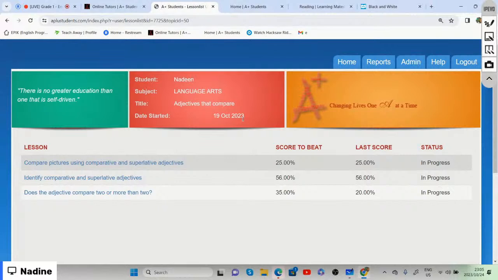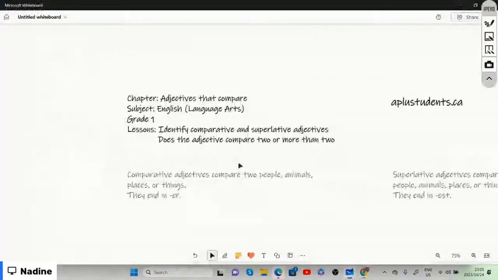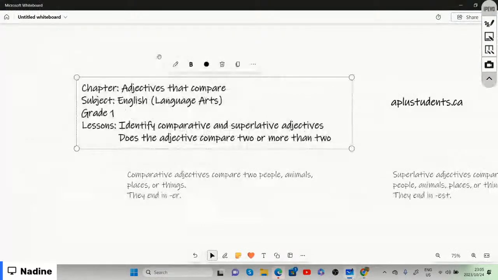So for today's lesson, we are going to focus on the chapter of adjectives that compare, language arts, grade 1.